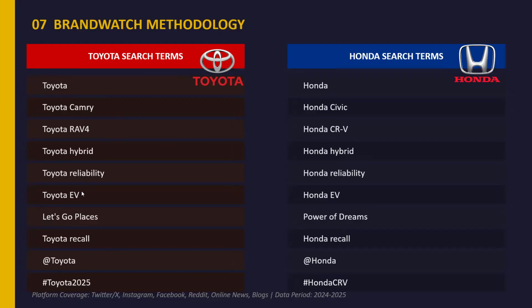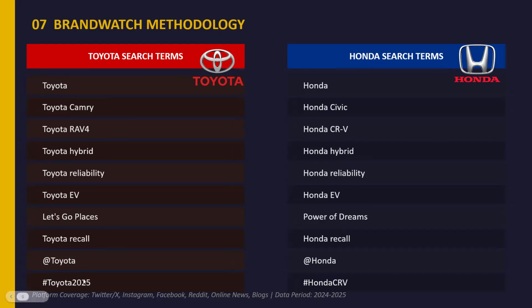And even the tagline, Let's Go Places, and high-volume social signals like @Toyota or hashtag Toyota 2025. I also included Toyota recall to capture crisis-related conversations, just so we could get a good understanding of both ends.